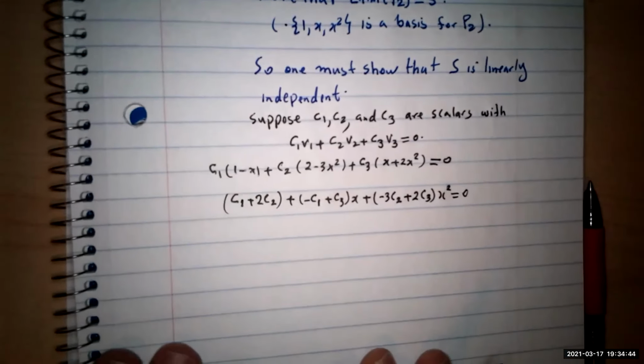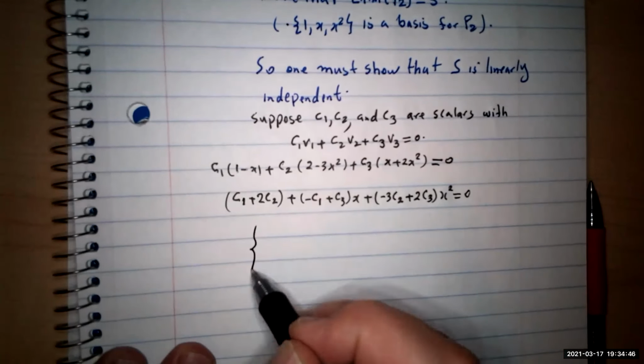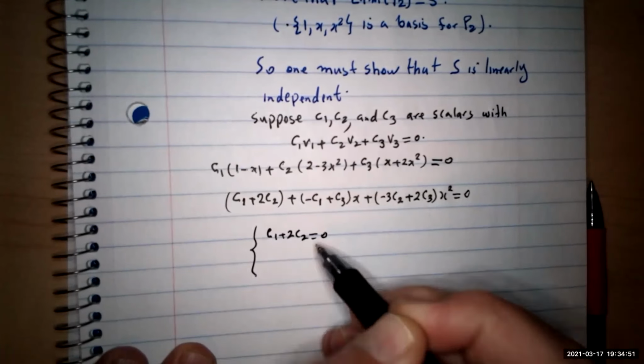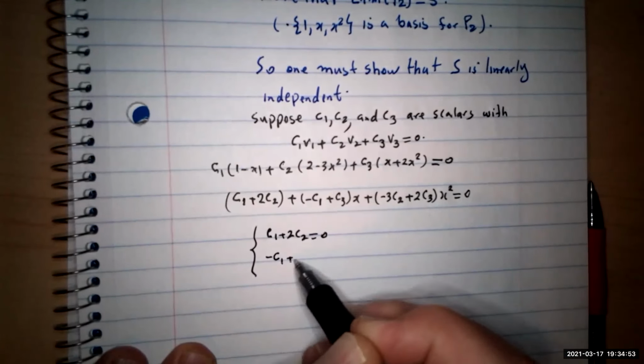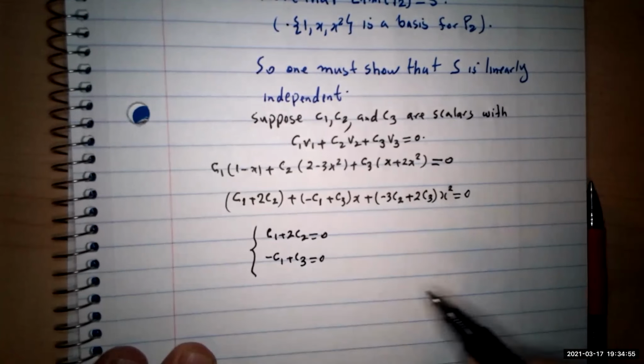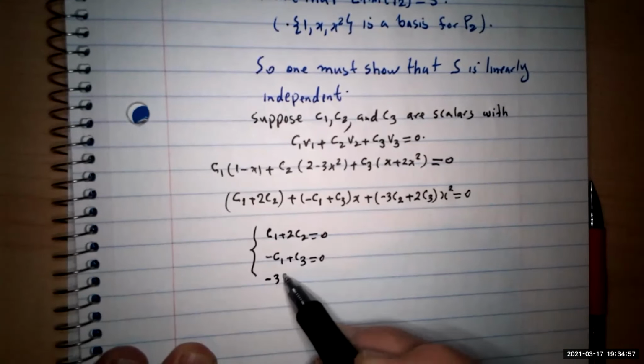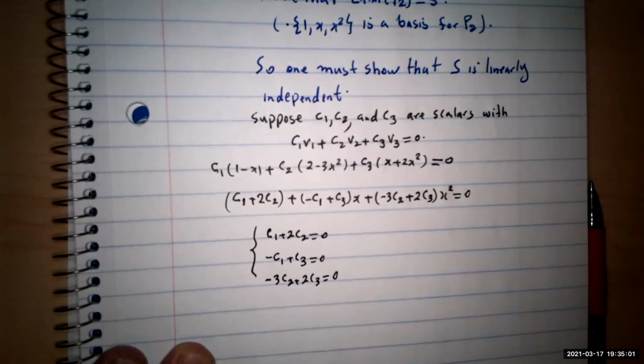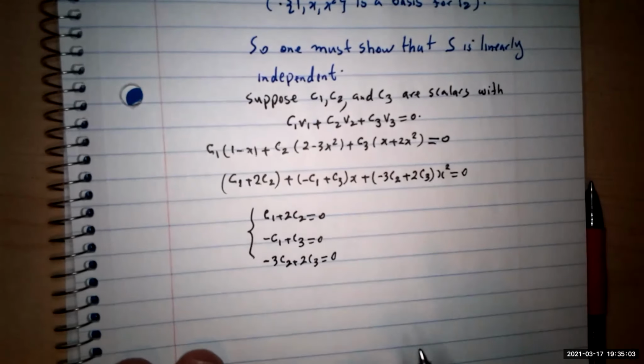So you form a system of equations: c1 + 2c2 = 0, -c1 + c3 = 0, and -3c2 + 2c3 = 0. You can use matrices again, or just solve it directly.